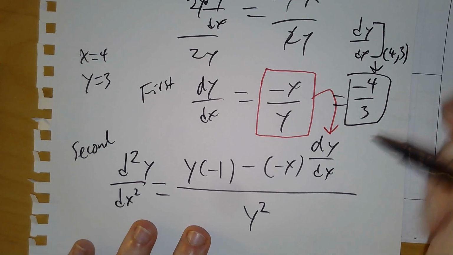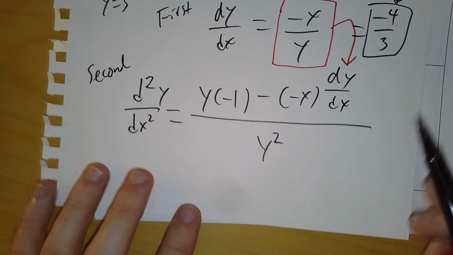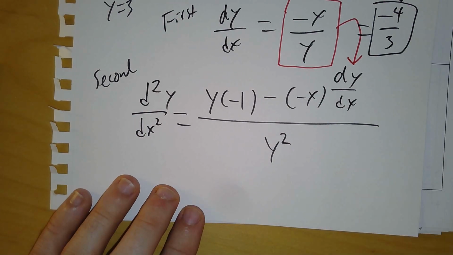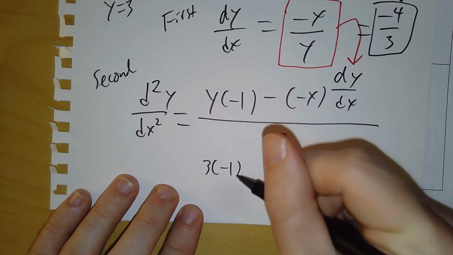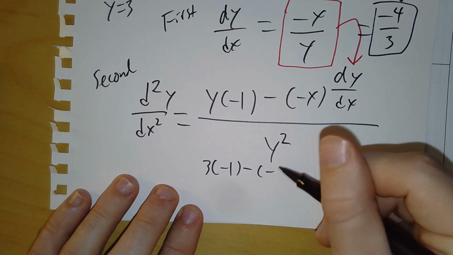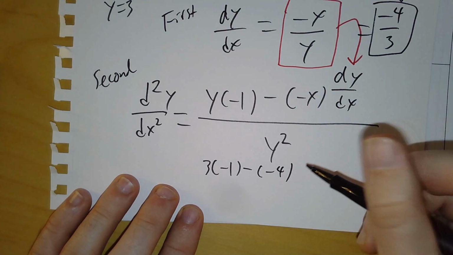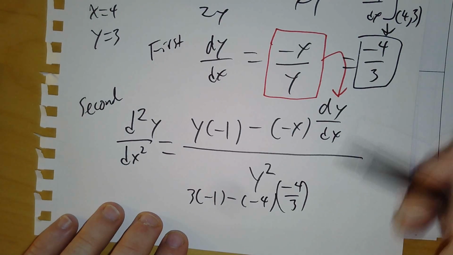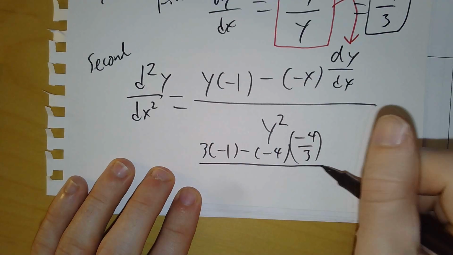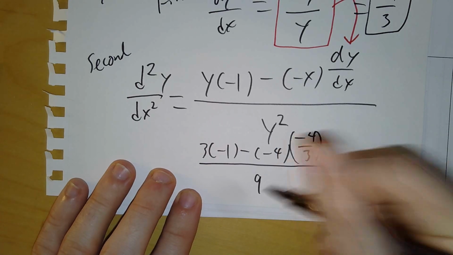So that is going to replace that. Then y and x just get replaced with 3 and 4 respectively. So y is 3, so it's going to be 3 times negative 1 minus negative 4 times negative 4 thirds. That is where I'm subbing in negative 4 thirds into dy/dx, all over 9, because 3 squared is 9.